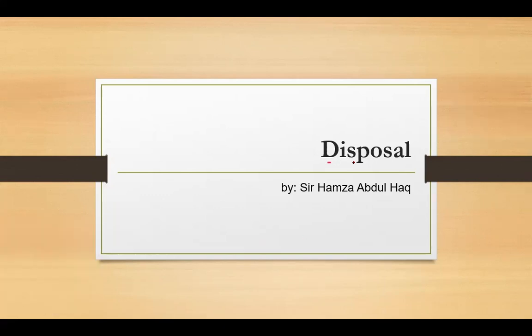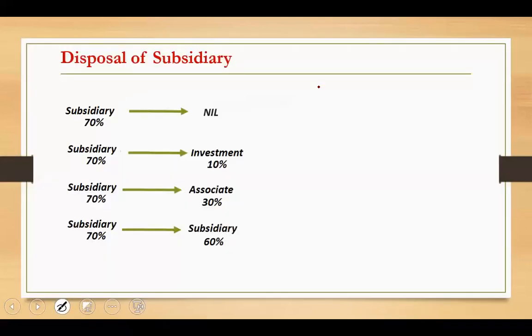Okay, so now we are discussing the area of disposal, which is also a part of consolidation, IFRS 3. And in case of disposal, we have 4 different cases. In fact, there are 5 different cases. There's one more case that I'm going to write manually.